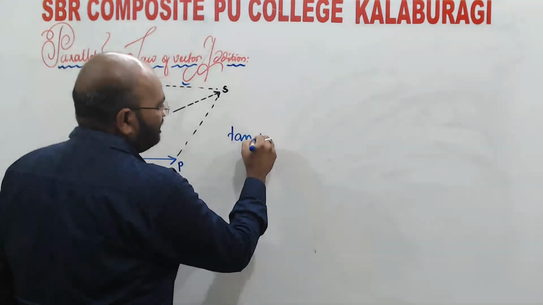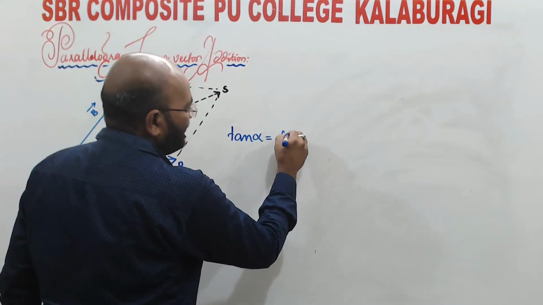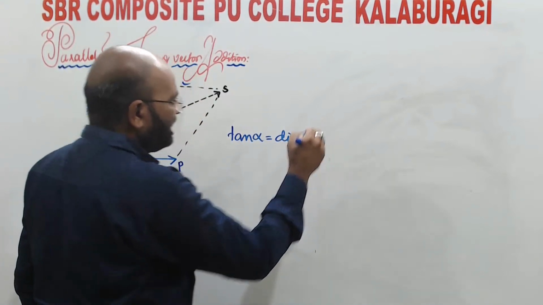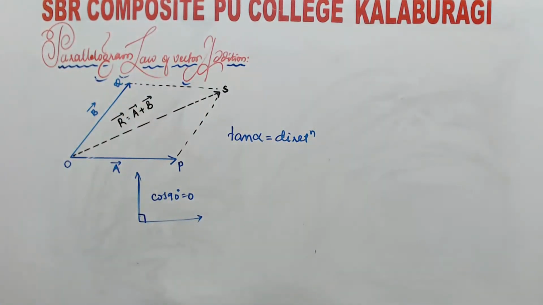Finding tan alpha will give you the direction.